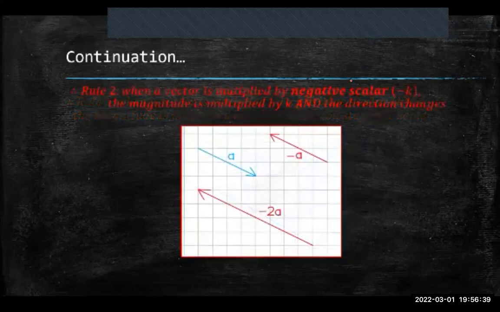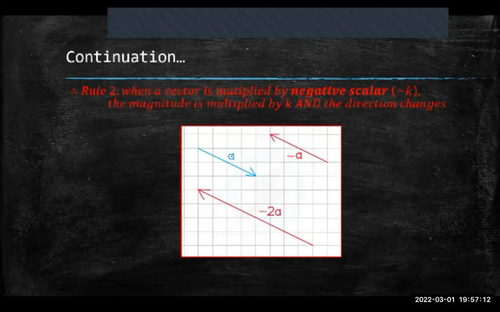Okay, so that was a positive scalar value. What happens if we multiply by a negative scalar value? Well, the magnitude is still multiplied by k, right? So if I have a vector A and I multiply by minus 2, the magnitude is still multiplied by k, so it would still be twice the length of A. But in this case, the direction also changes.